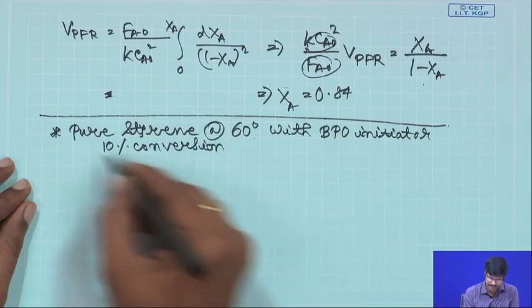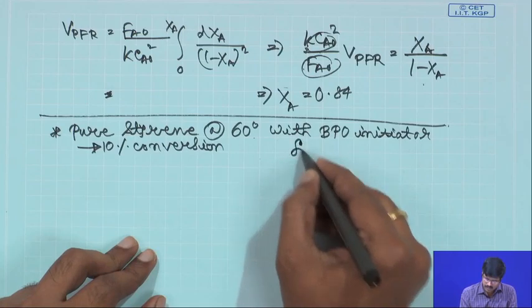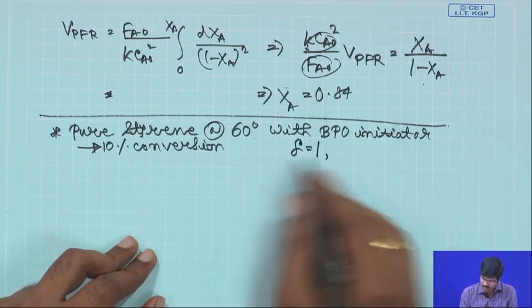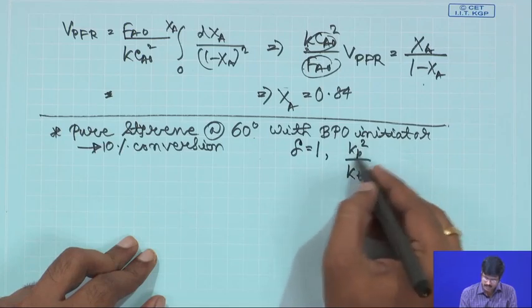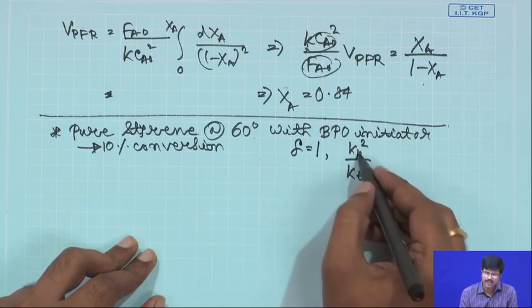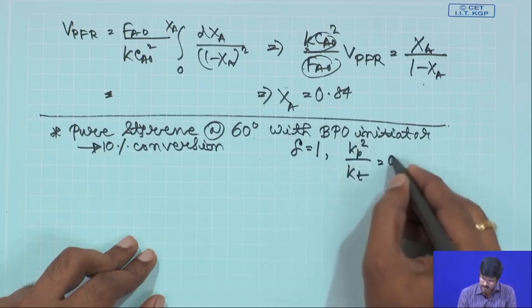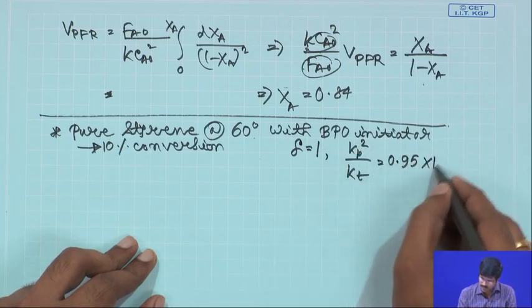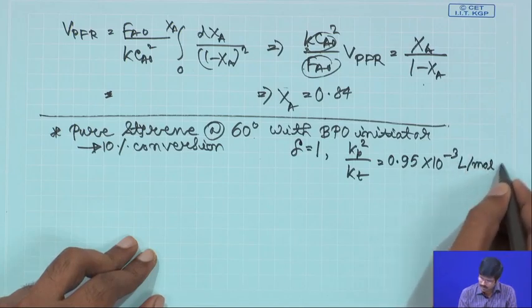This is our aim, and what is given is that the initiator efficiency is 1, let us assume that. The value of Kp square by Kt, where Kp is the propagation rate constant and Kt is the termination rate constant, is equal to 0.95 into 10 to the power minus 3 liter per mole per second.